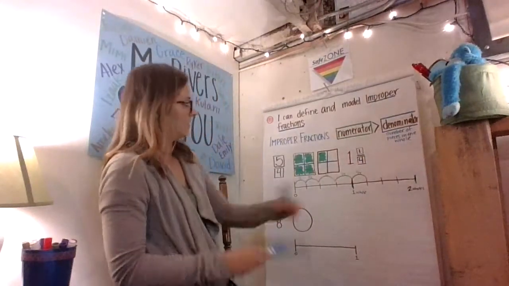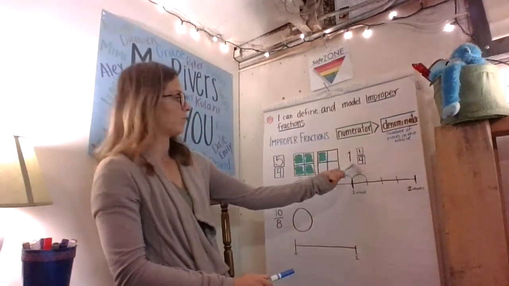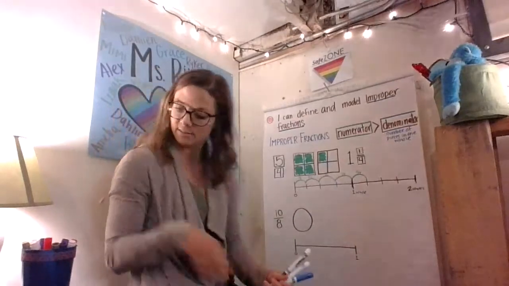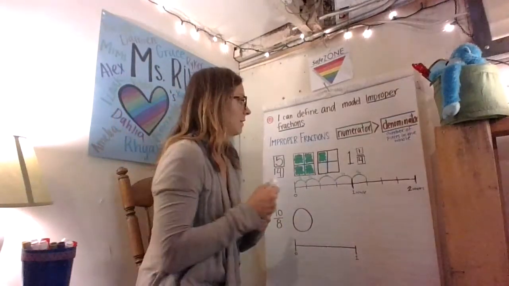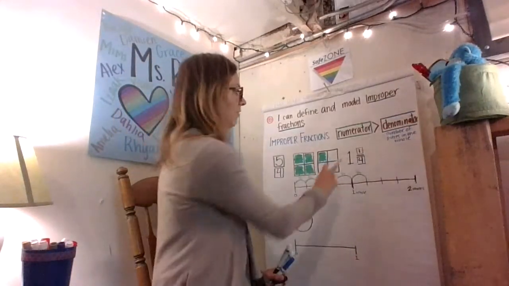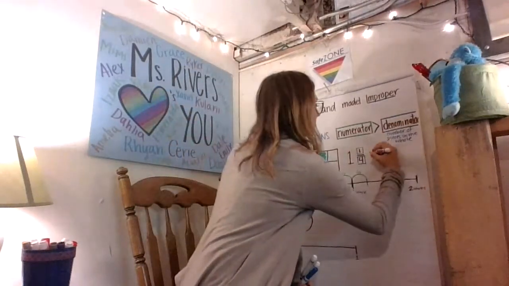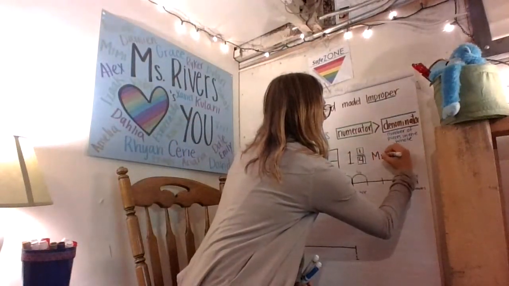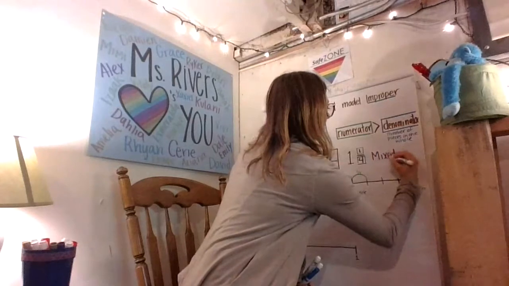When we write it this way, 1 and 1/4, we call that a mixed number. Mixed number because we have wholes and we have fractions.